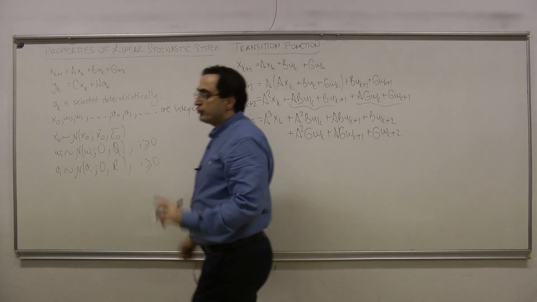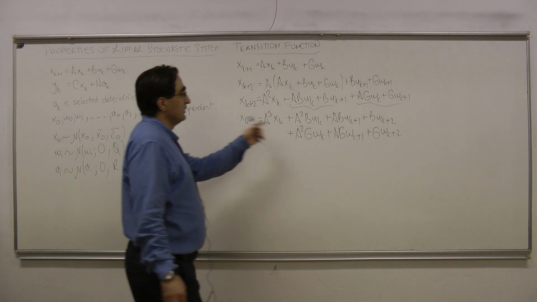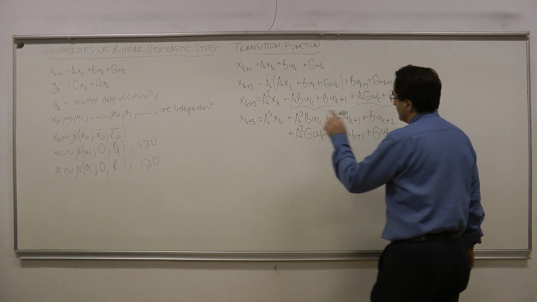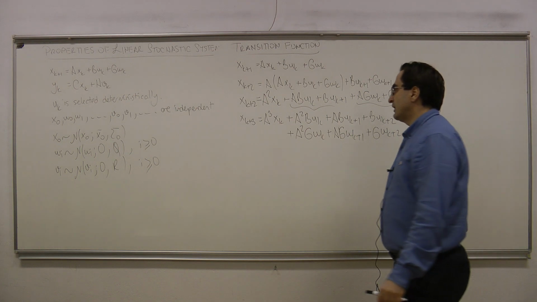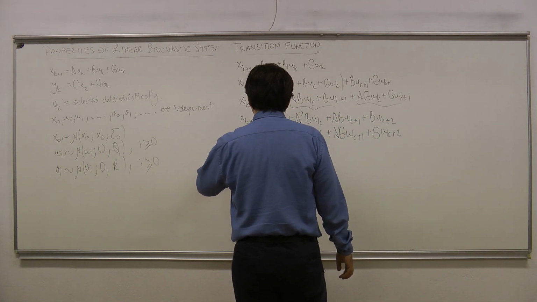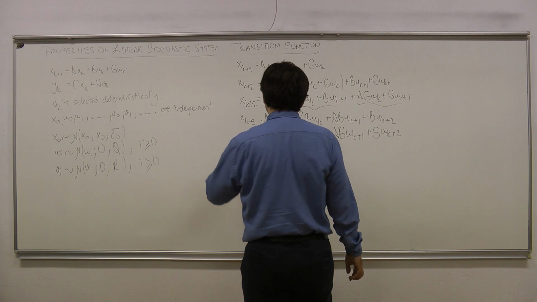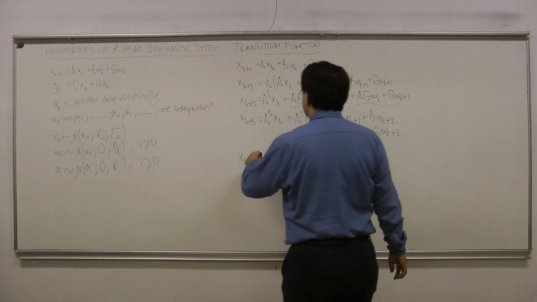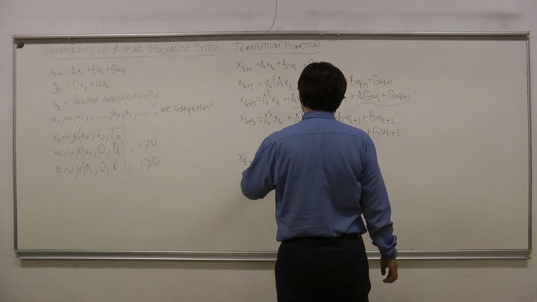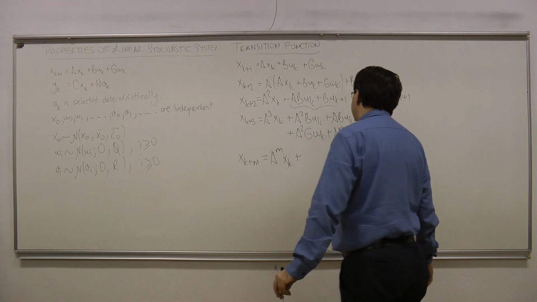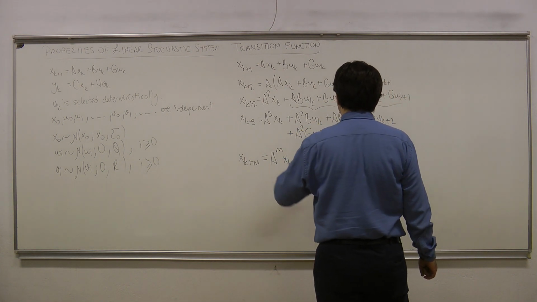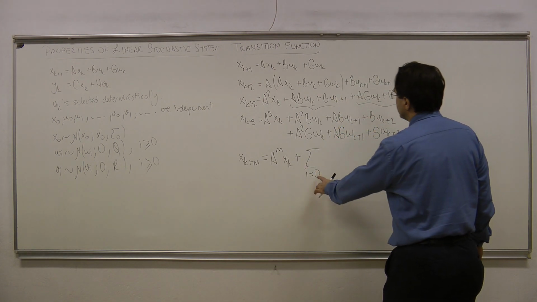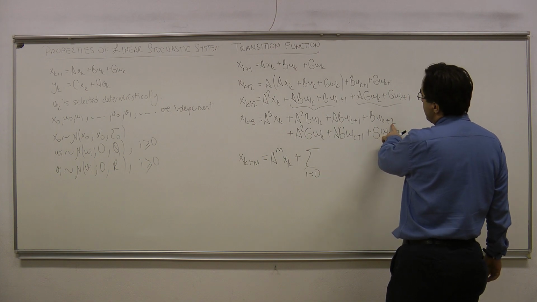Okay? So you see that we can write any xk plus i in this form. So now let us try to write the general function. Xk plus m, where m is greater than or equal to 1, I can think about it like that, is equal to A to the m xk plus, here I'm going to put a summation where i is going to continue from 0 to m minus 1.